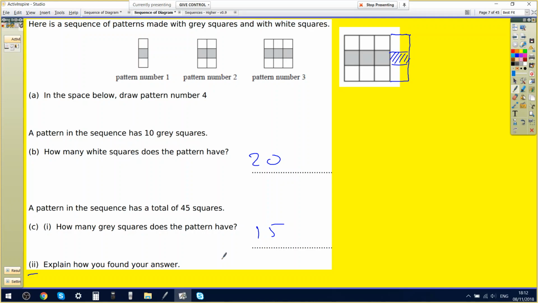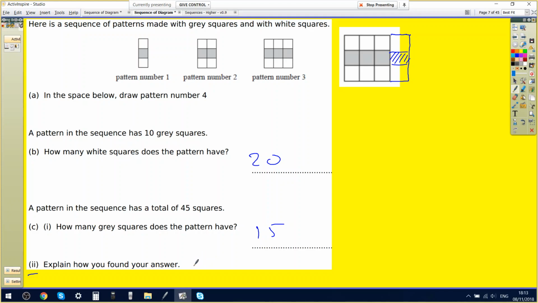I knew it was either 15 or 25 because how many grey squares you have, you double the white ones. Right. And there's a 5, so I would say, basically, for every one grey, there's 2 white. So in total, that's 3 squares, like they're in a row of 3 each time.